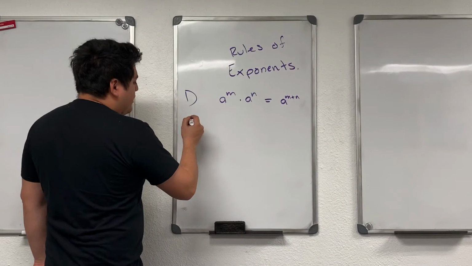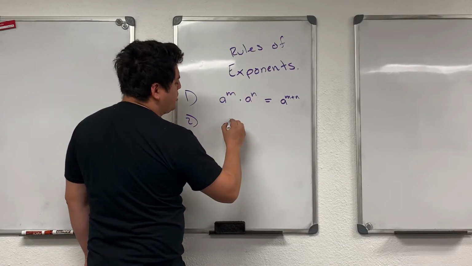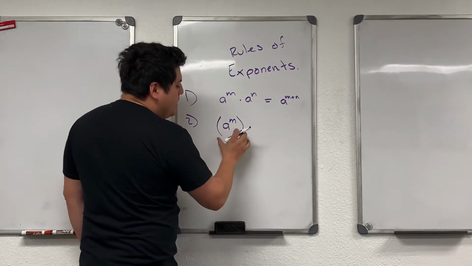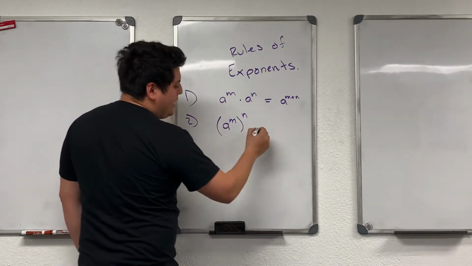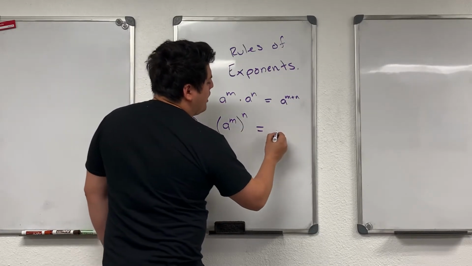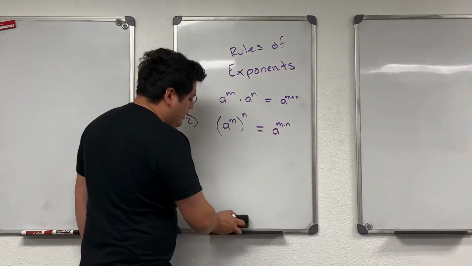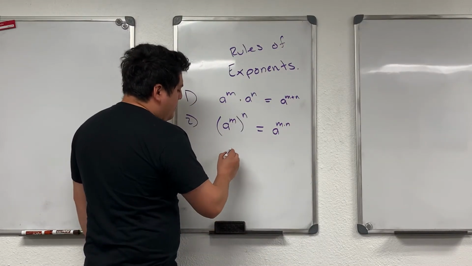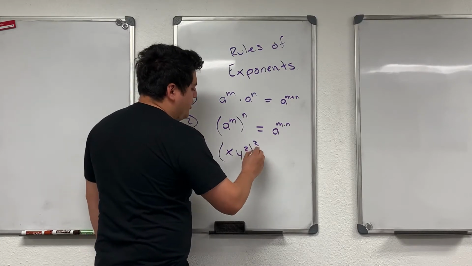Second rule, if you have some base raised to an exponent and then that itself is being raised to another exponent, that is equal to a to the m times n. Let's say I have x y squared raised to the third power.